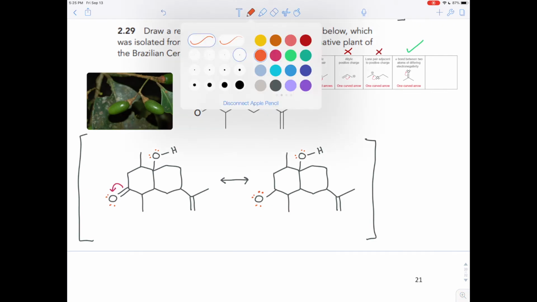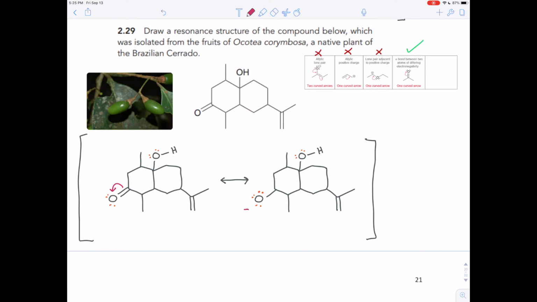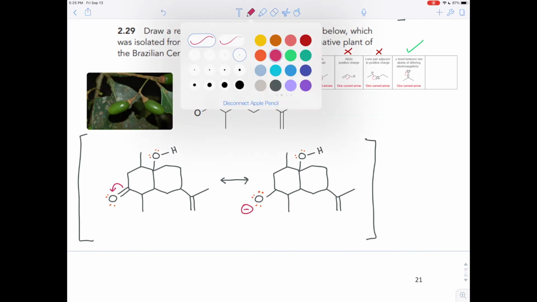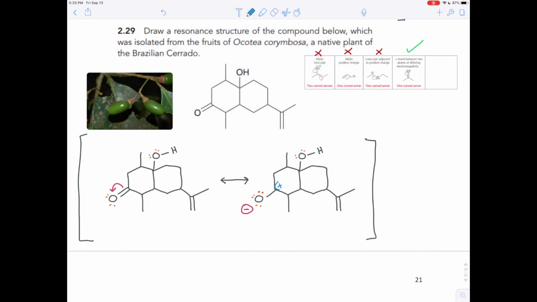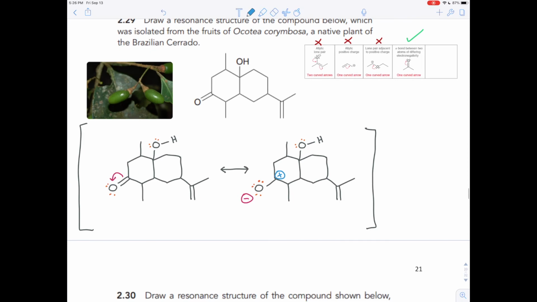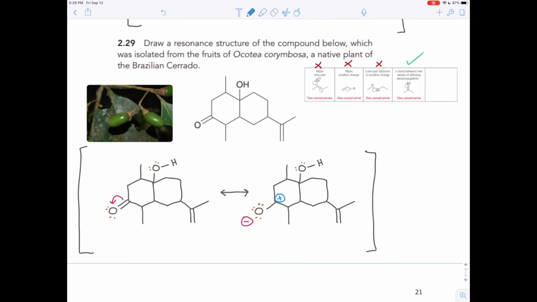Now you'll notice that the formal charge in this oxygen now is a -1, and the formal charge on the carbon is a +1. It's 4 minus the 3 lines, so +1. And for the oxygen, it's 6 minus 6 dots and 1 line, so -1. And there it is, the two resonance structures.